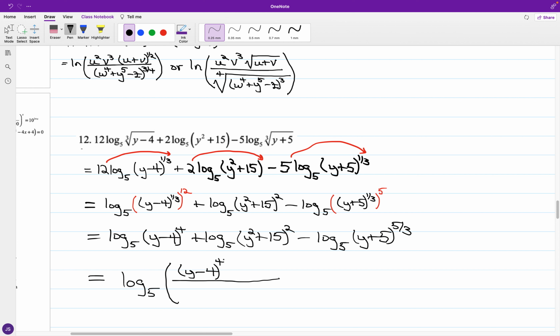And the next term in the previous step is positive, so y squared plus 15 raised to the 2nd is also going to be in the numerator. And with the subtraction of the last term, we're going to have the quantity of y plus 5 to the 5/3 in the denominator. And again, just another way.